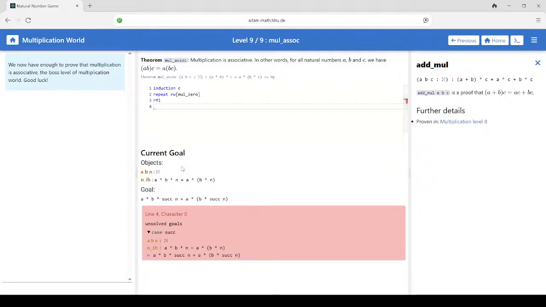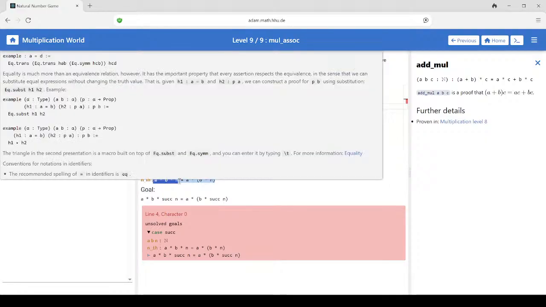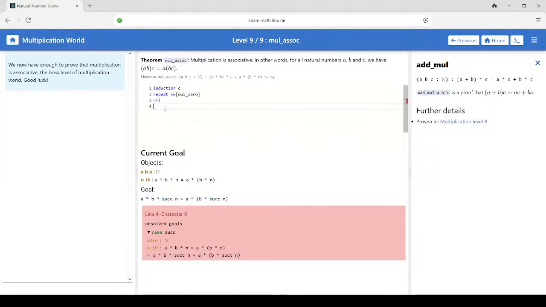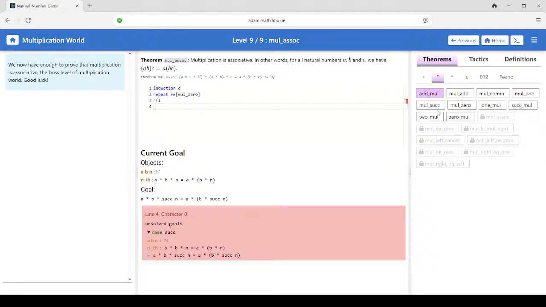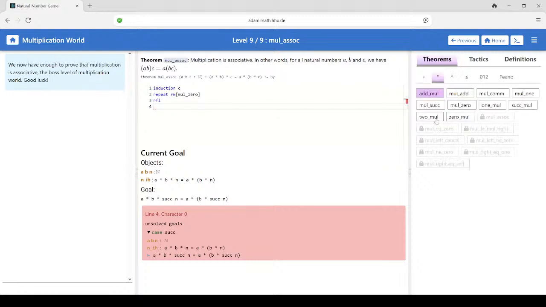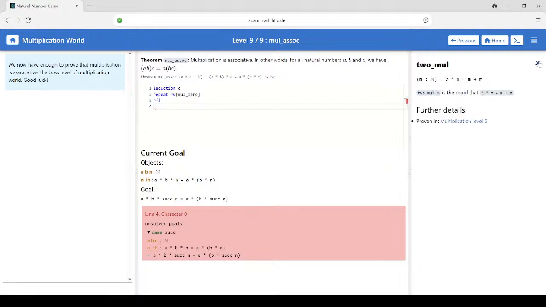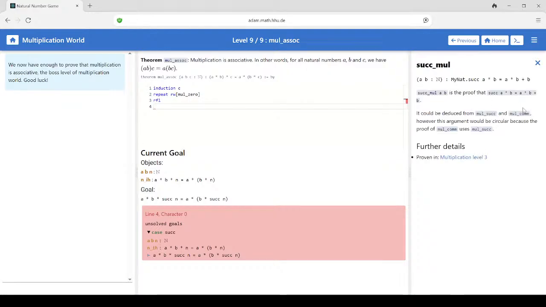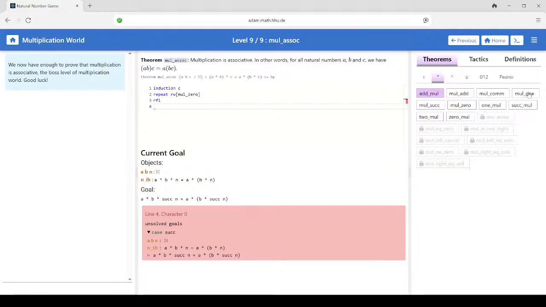Okay, no, we definitely need to use this. It's just successor n. Getting rid of the successor on the n is really giving me trouble. What can I use to get rid of a successor? Obviously not that. That's not what I'm looking for. This is what I've been using.